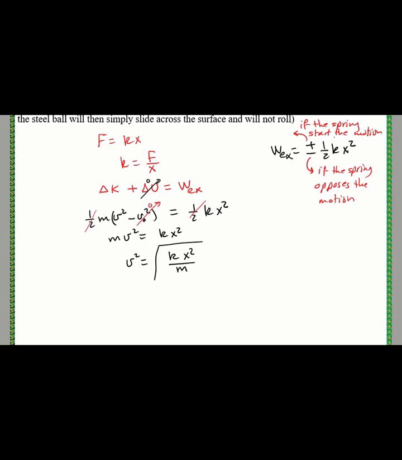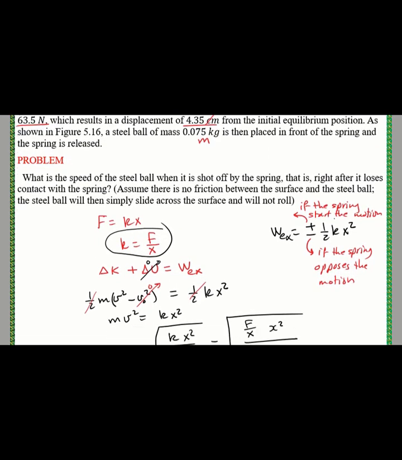And if you take the square root, you will get v immediately. Now, I want to substitute for k from here. It is F over x times x squared over m. Now cancel x with x and you are left with F x over m. Now substitute. The force is 63.5.